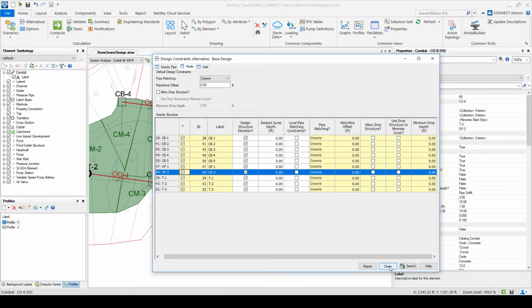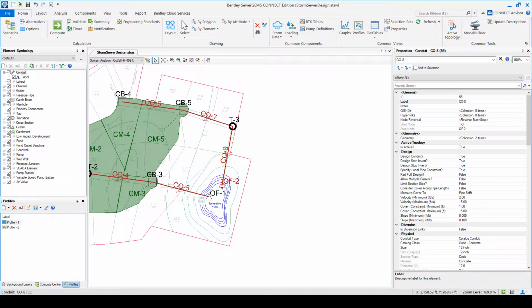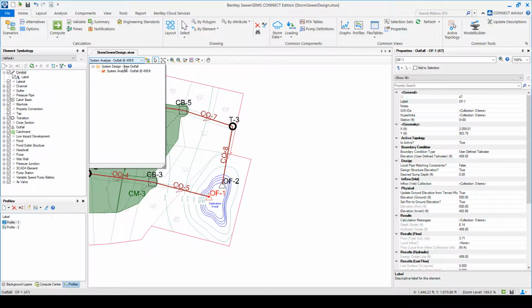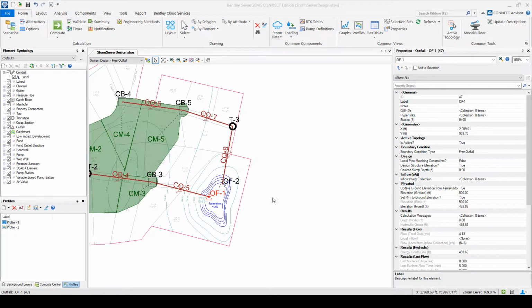And we said, okay, we're going to design it so that this is a free outfall. Okay, so we went over here and we said in the design, we set the boundary condition type to be free outfall. So there are no restrictions of flow. Okay, and we did say that the ground elevation was going to be 500 feet here.